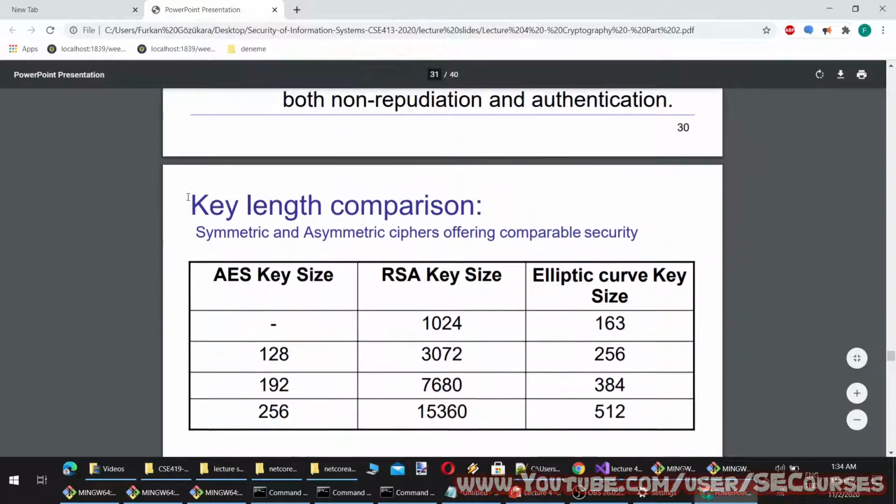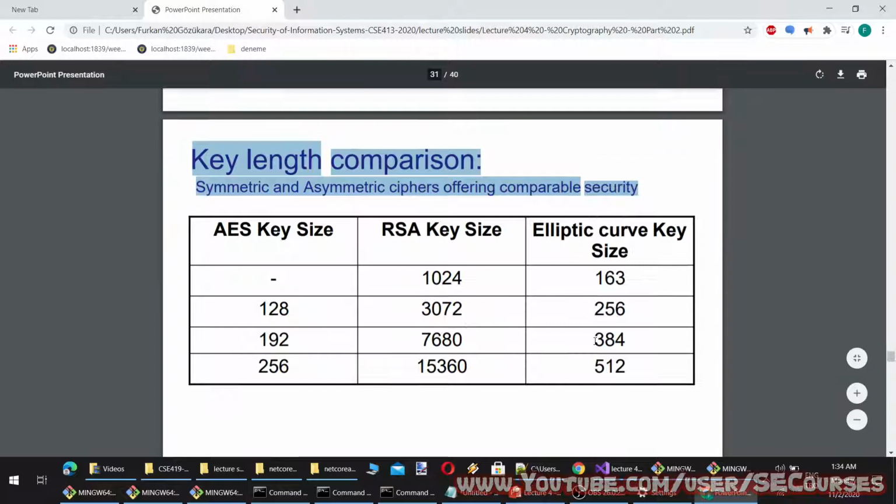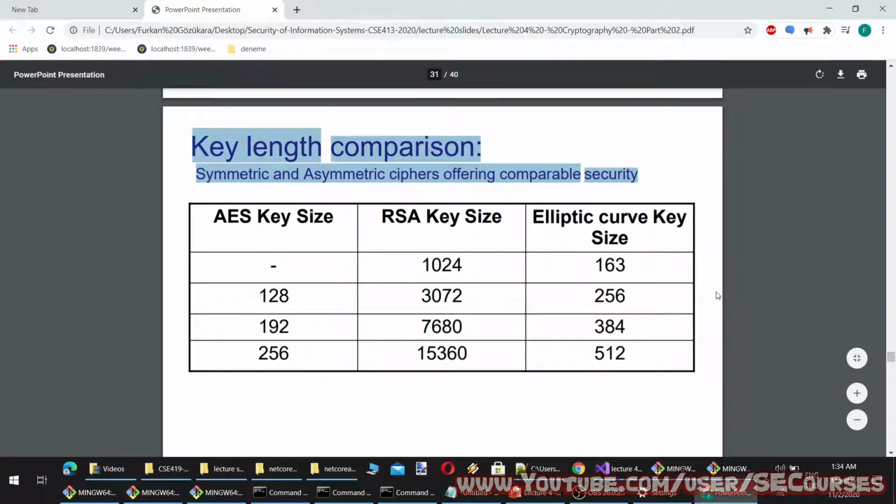Okay, so there is a key length comparison between symmetric and asymmetric ciphers offering comparable security. There are 3 types: AES key size, RSA key size, elliptic curve key size. And we know that now the RSA key size has to be at least 2000.